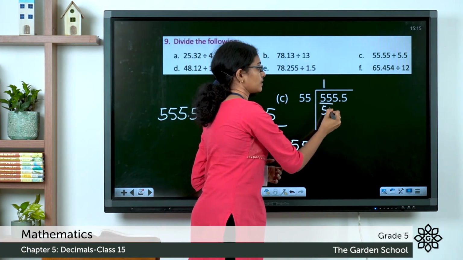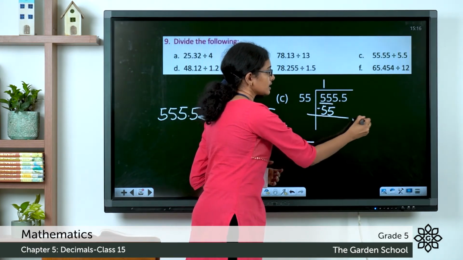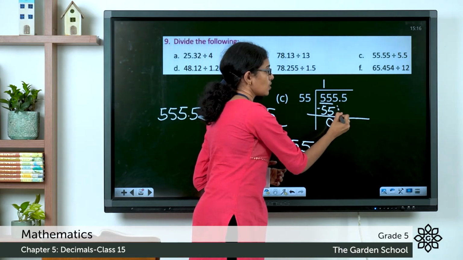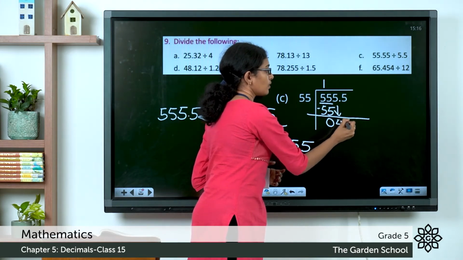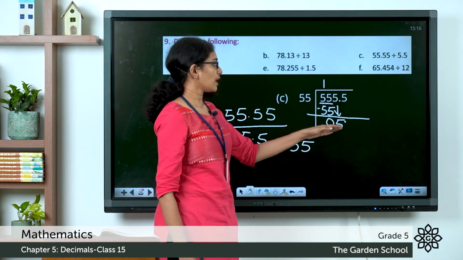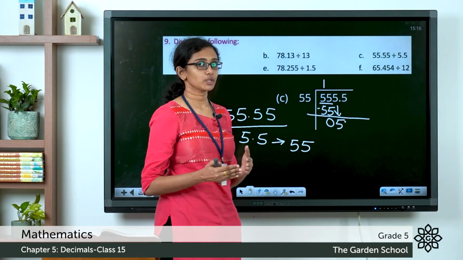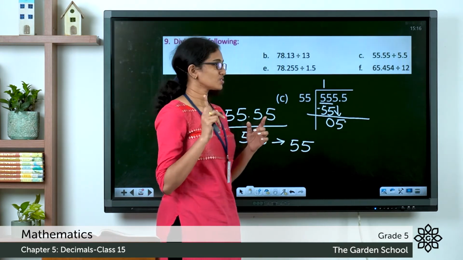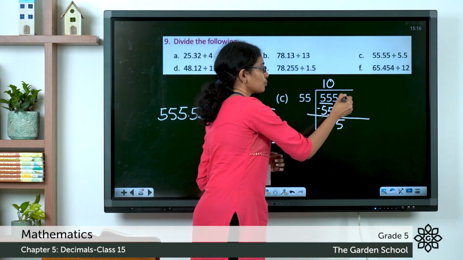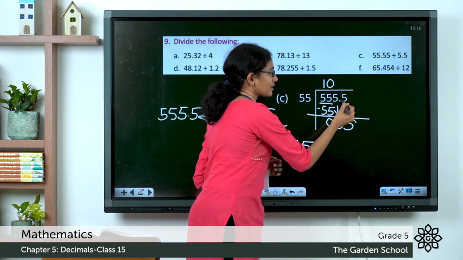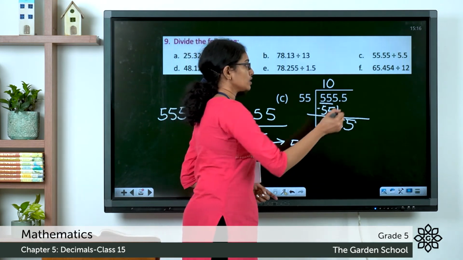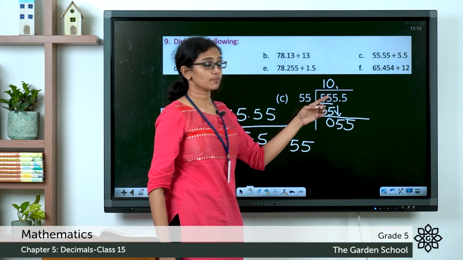So 55 ones are 55, that we have written here. Subtracting the numbers, we get 0. Bringing down the next digit, you have 5 here. Now, 5 divided by 55. Can we do 5 by 55? No. So, let's put one 0 here. Bring down the next digit. But note that there is a decimal point in between. So, don't forget to put that decimal point in the quotient.